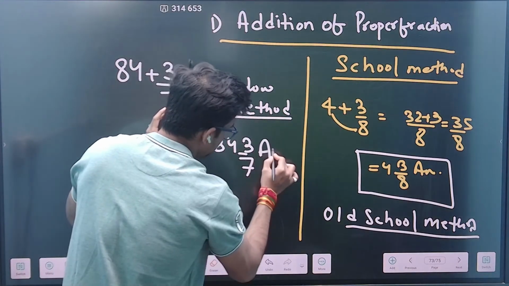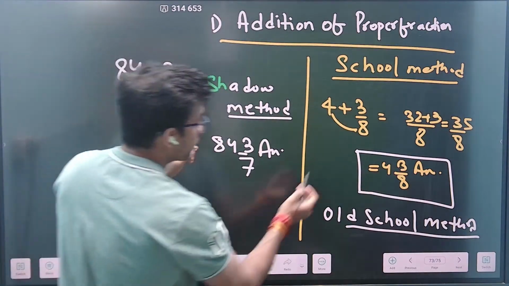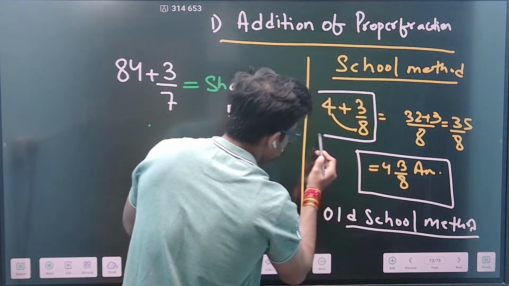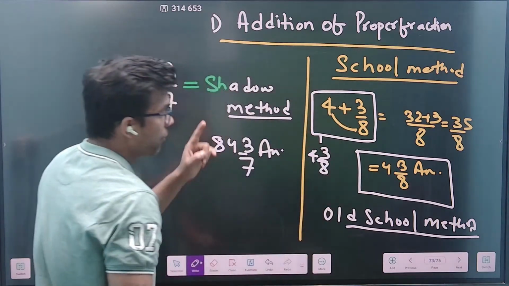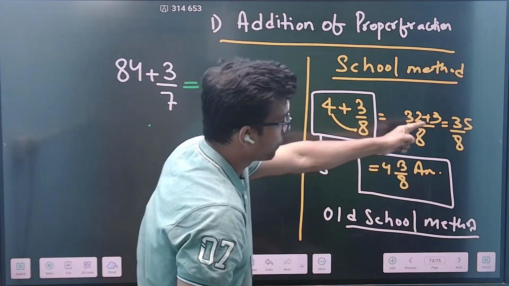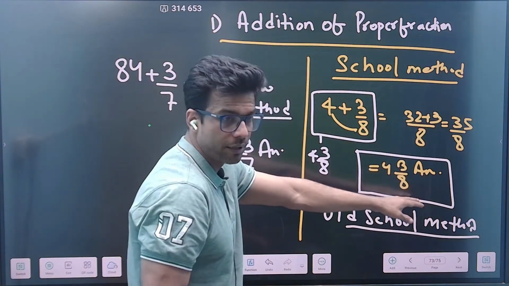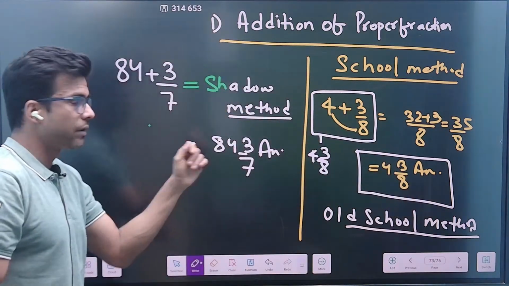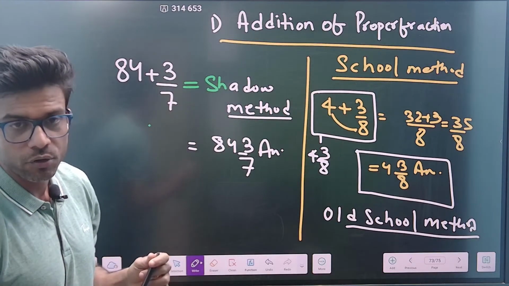This is your answer. Correct? I hope you're getting it. If you observe this, this is nothing but 4 3 by 8, but there you solved the whole process, process 1, process 2, and then got the answer 4 3 by 8. Directly I am doing it, just write down 84 3 by 7, correct? I hope this is clear.